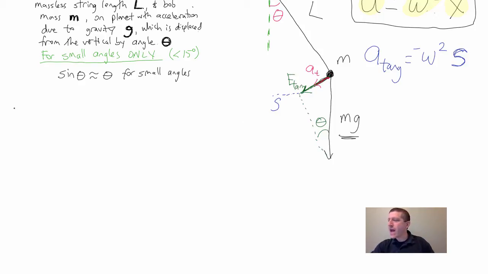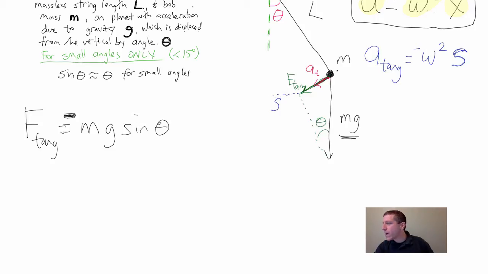We can get F tangential equal to mg sine theta in magnitude, but I have to put the direction in here. It is negative because the angle theta would be positive to the right, up like that, so that would be positive theta, and this is a negative force. It's in the opposite direction of the displacement, which is exactly what we want. So that's how we start.